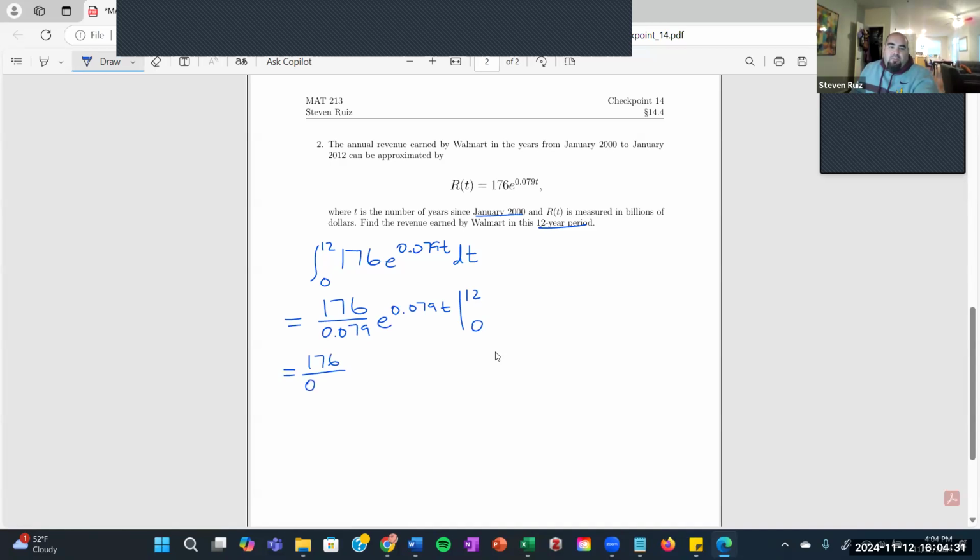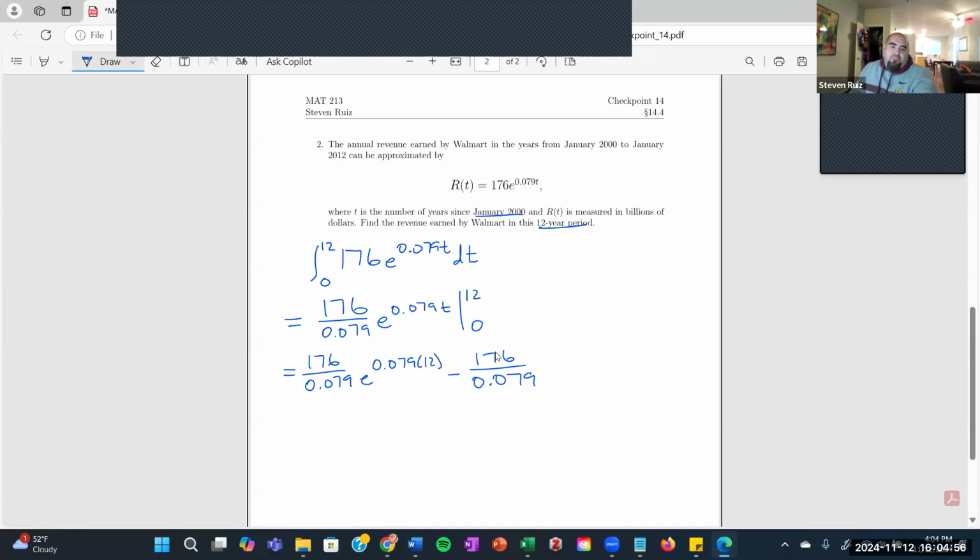So for now, I'm going to keep everything unapproximated. So e to the 0.079 times 12 minus, what happens when I plug in 0 for t? That's going to become e to the 0, which is simply 1. So what's left is just 176 divided by 0.079 times that.